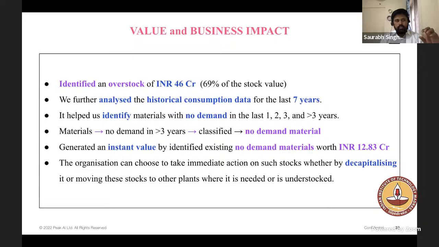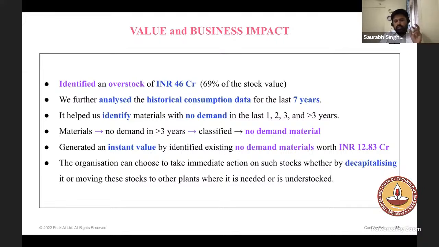We have suggested the organization decapitalize these spares, or maybe transfer them to some other plant location where they can be utilized. So this 13 crore inventory, which is blocking capital, could be freed, and you can reduce your overall level of inventory by decapitalizing those materials.